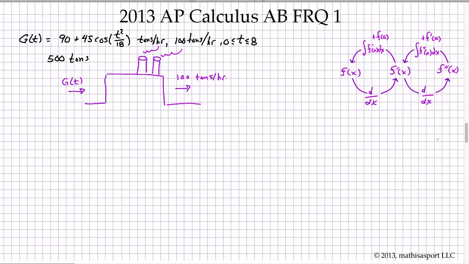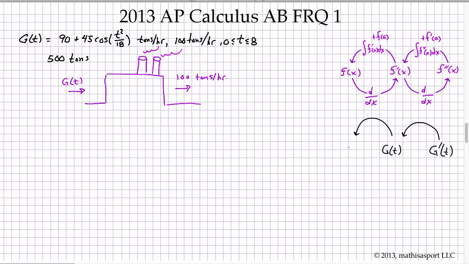And so if we were to make our own version of this diagram that illustrates the fundamental theorem of calculus, then what normally fits in the role of f prime of x would actually be g of t, the rate at which unprocessed gravel arrives. Then the second derivative, f double prime of x, is filled by the role of g prime of t.